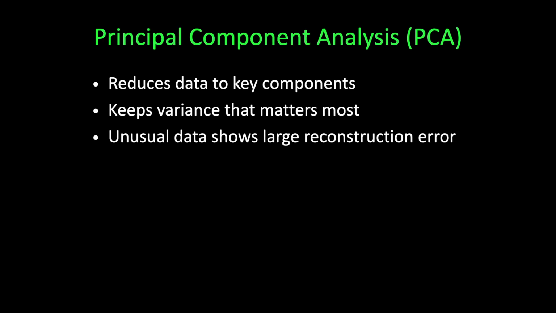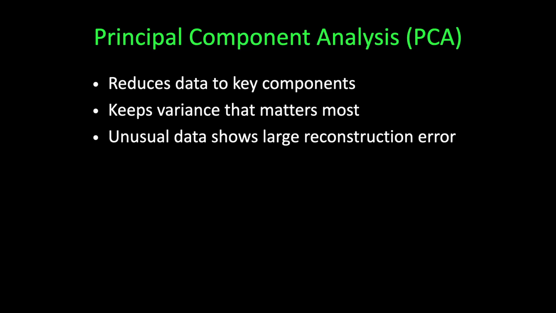Let's dive deeper and look more closely at principal component analysis, or PCA. This is a technique for reducing the dimensionality of data. Imagine you have dozens or even hundreds of features describing each network session, the nightmare of dimensionality that we often have in cybersecurity with the amount of data that we have.